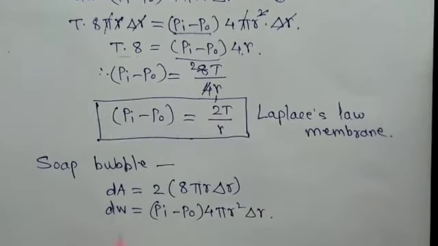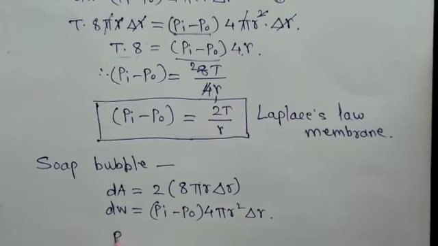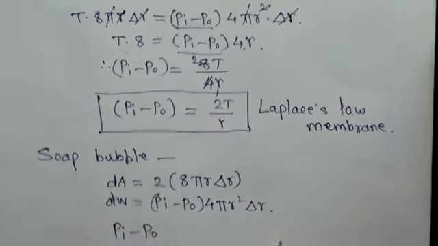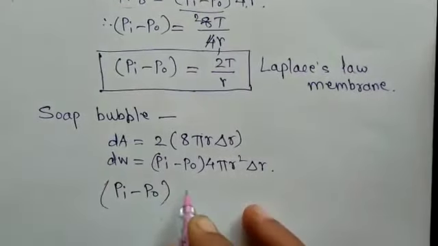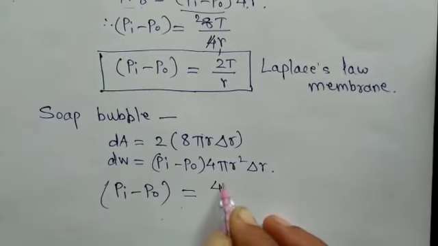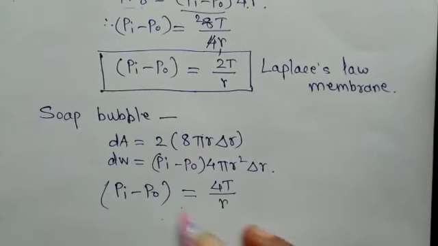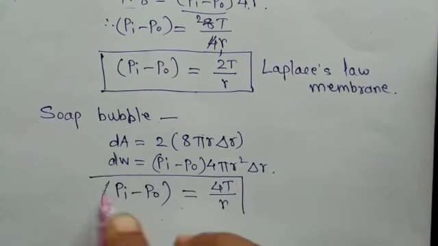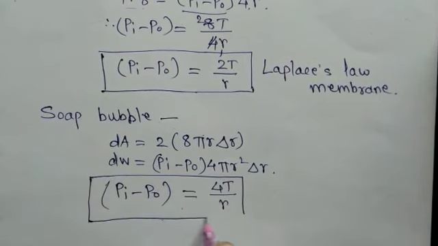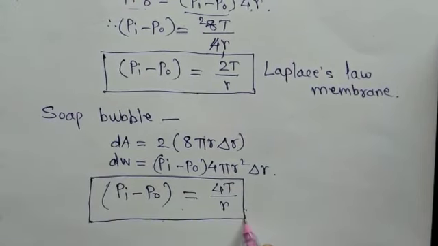Therefore the equation of excess pressure for a soap bubble is equal to double, that is 4T upon R. It is the excess pressure inside a soap bubble. Okay, thank you.